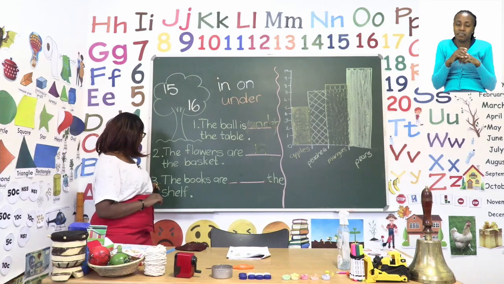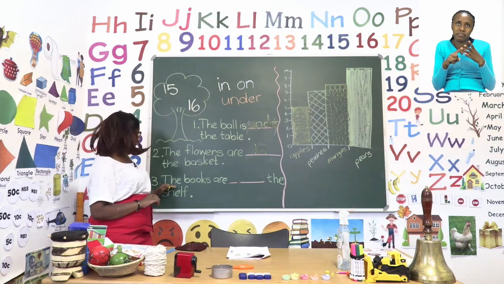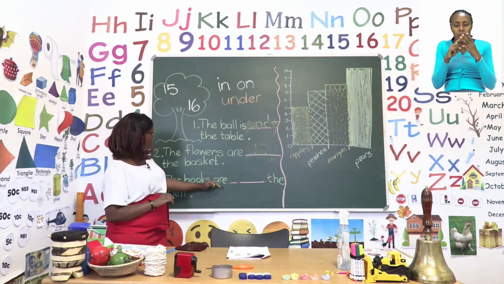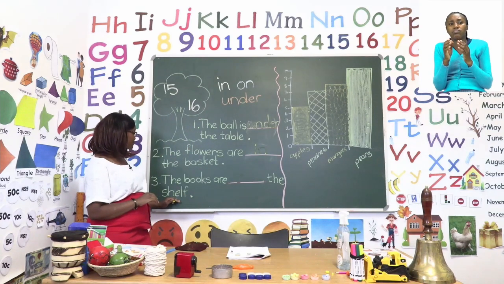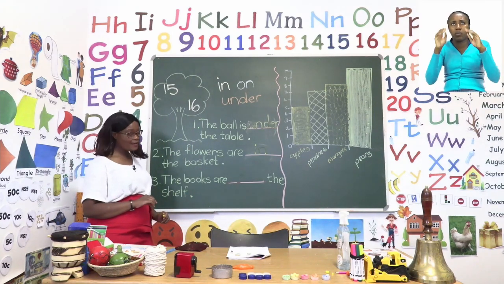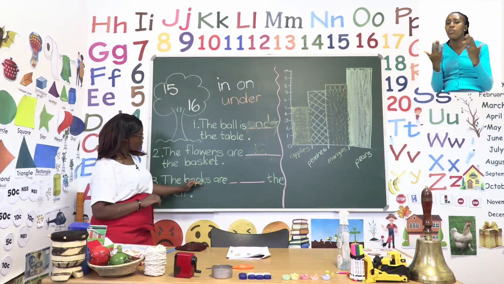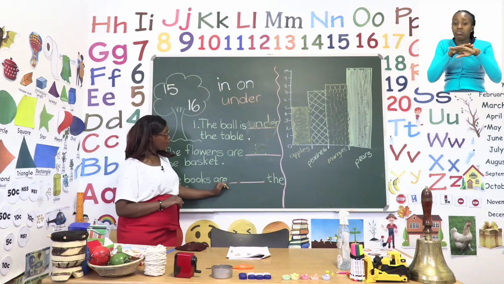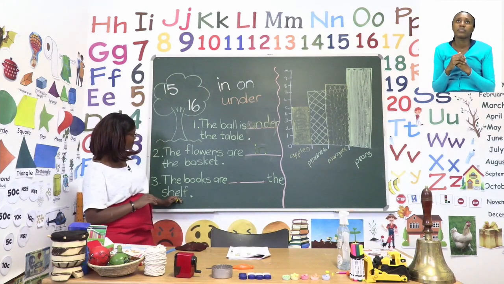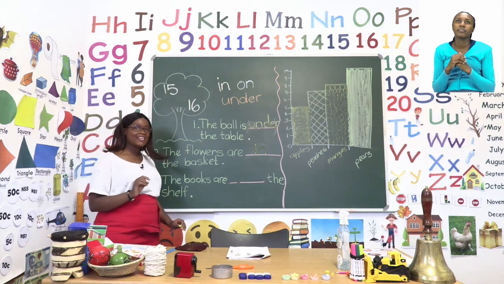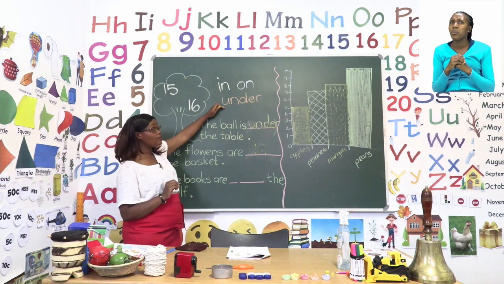Now, the third one says, the books are dash the shelf. Let's read it again together. The books are dash the shelf. Do we say the books are under the shelf?